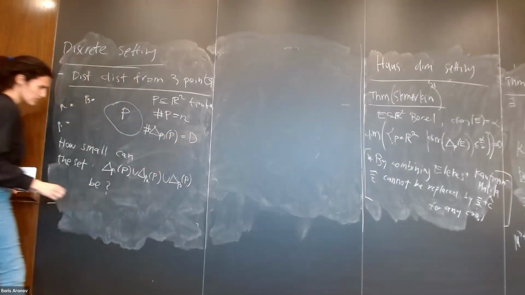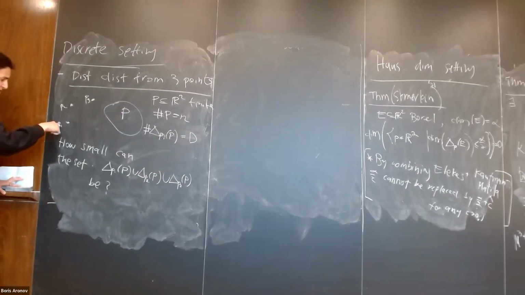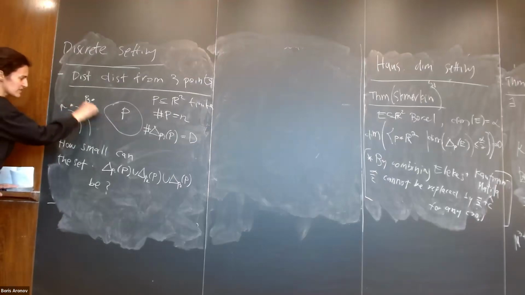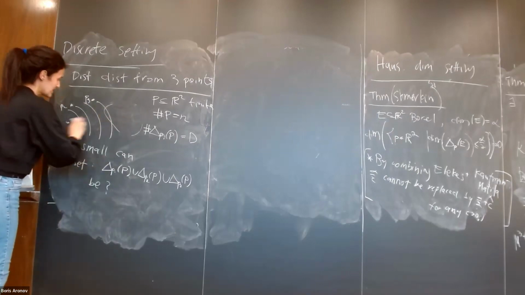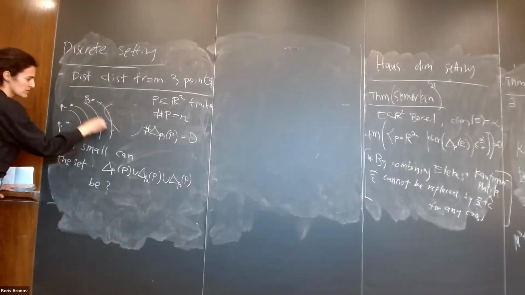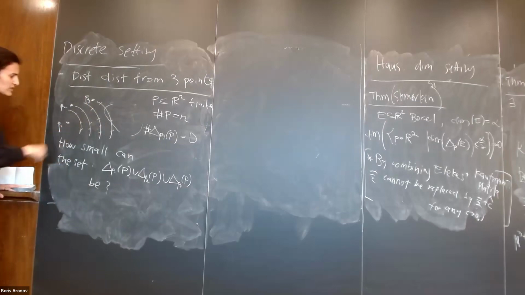If we have D distances between P1 and the set P, what does it mean? It means that I can draw D circles around P1, and these circles will support my set. The points of P will have to lie somewhere on them.